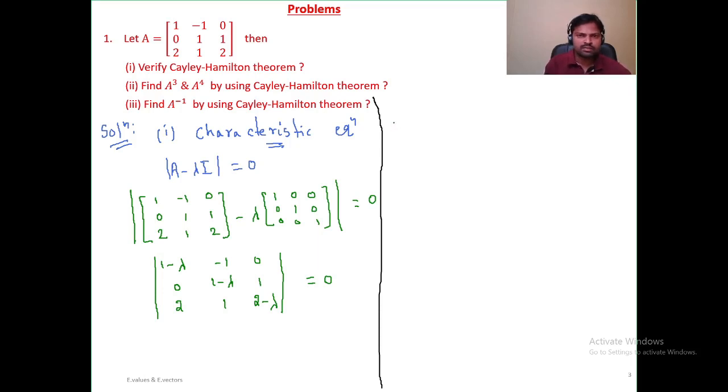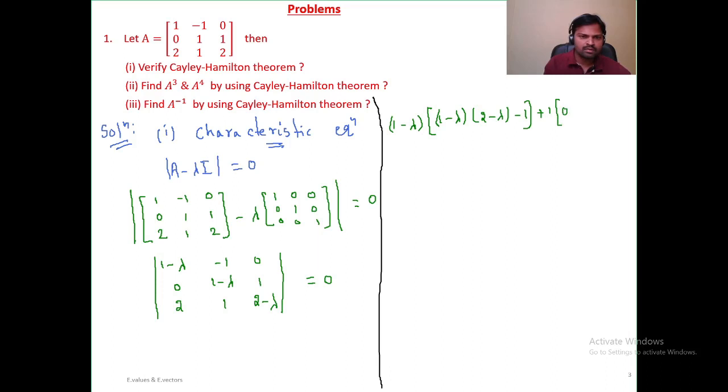So first expand through the first entry, 1 minus lambda. So 1 minus lambda into 2 minus lambda. Okay. Minus 1. Okay. Next minus of minus, plus 1 into 0 into 2 minus lambda is 0.